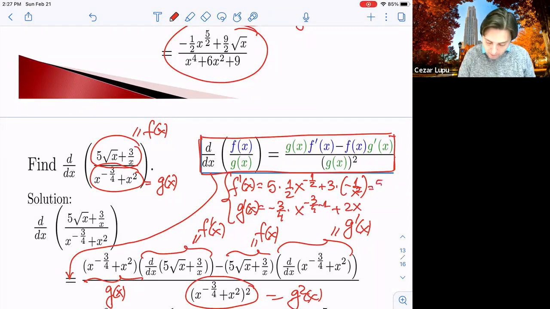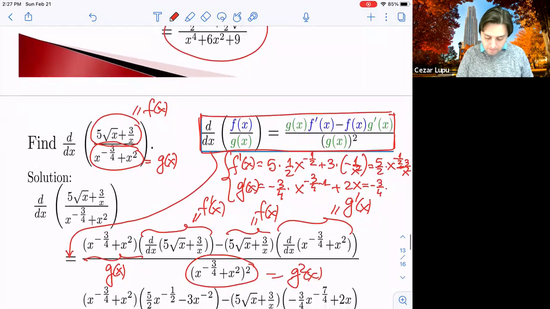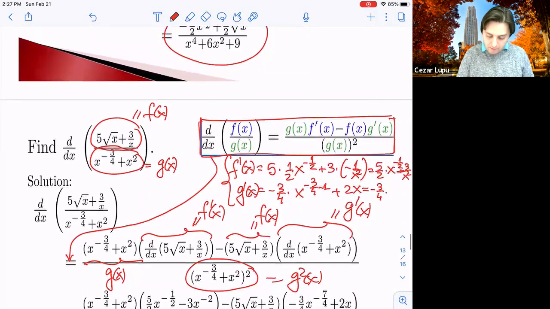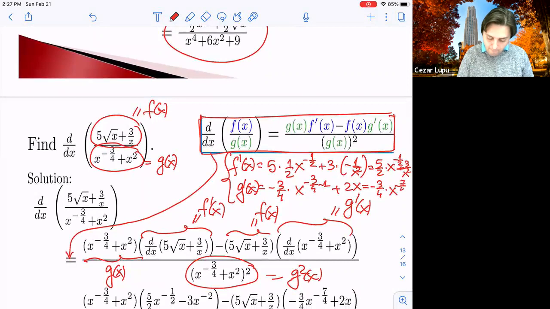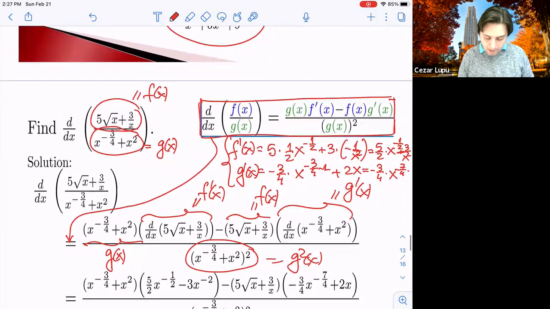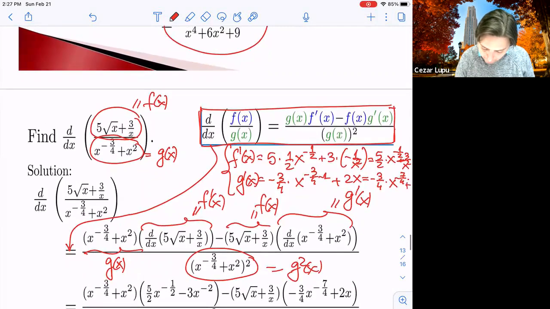So the first one will be 5/2 times x to the negative 1/2 minus 3 over x squared, and the second one will be negative 7 over 4, x to the negative 7 over 4, plus 2x.